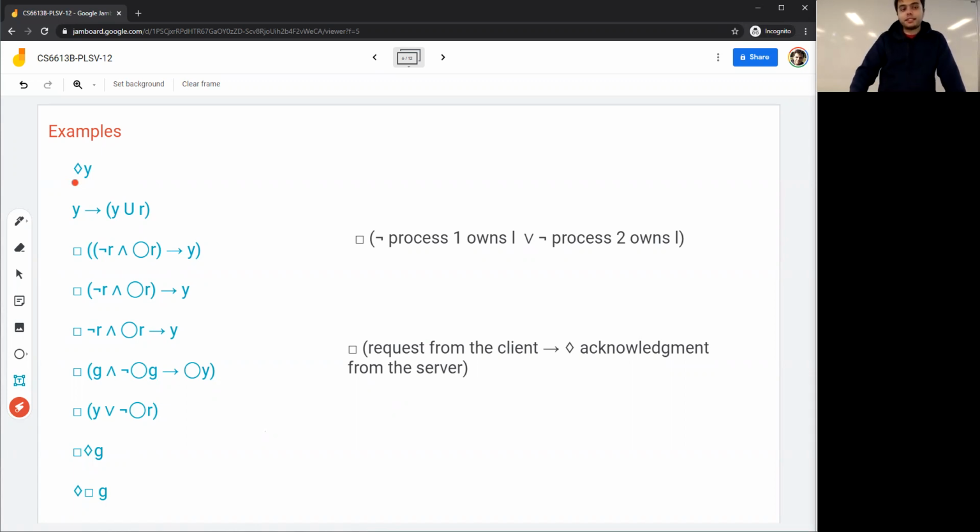Yes, it says that eventually the yellow light turns on, but it doesn't say anything about the other lights. So it doesn't say that eventually you only have yellow. It says that eventually the yellow light turns on. Maybe at the same time other lights are on as well. Okay, great. So what does the second one say?